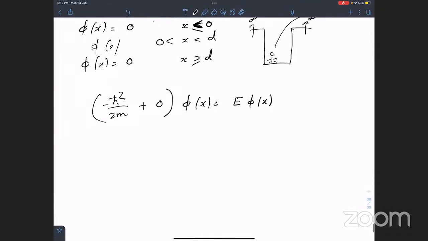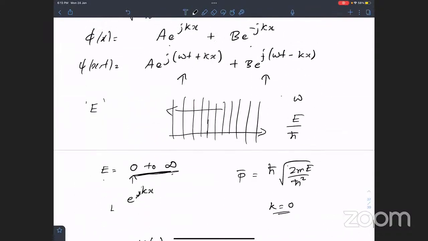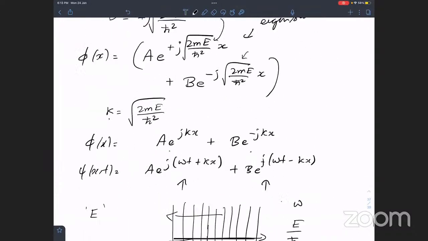So this is nothing but minus h bar squared by 2m d squared by dx squared phi of x equal to E phi of x. Where have we seen this equation? We just solved this equation earlier.